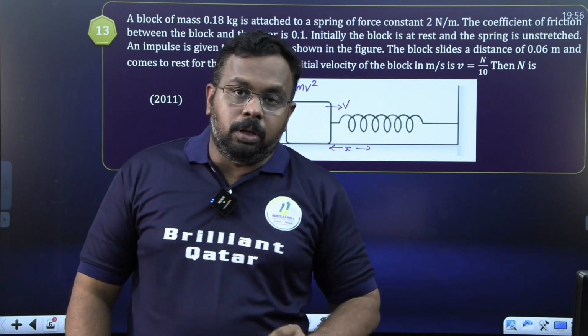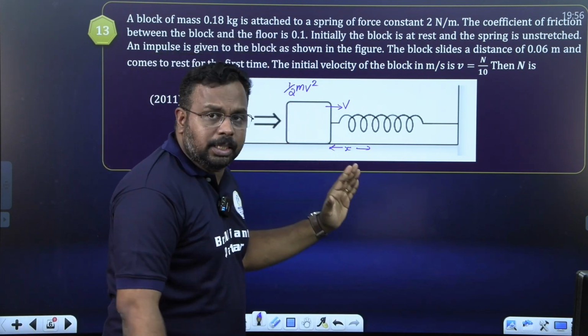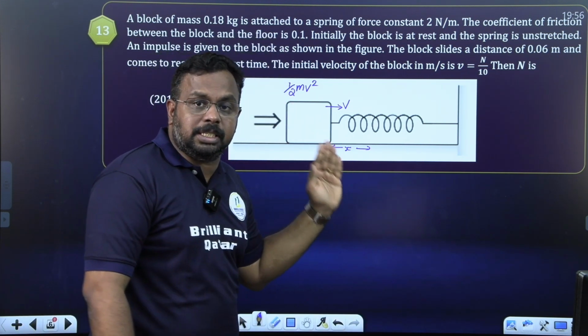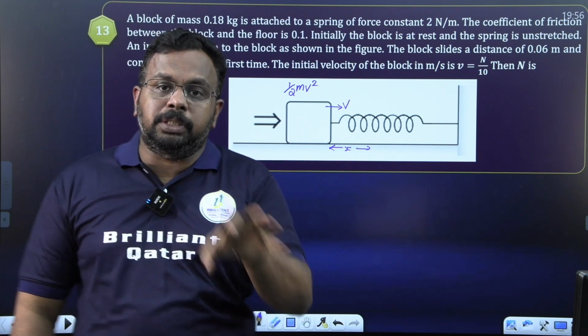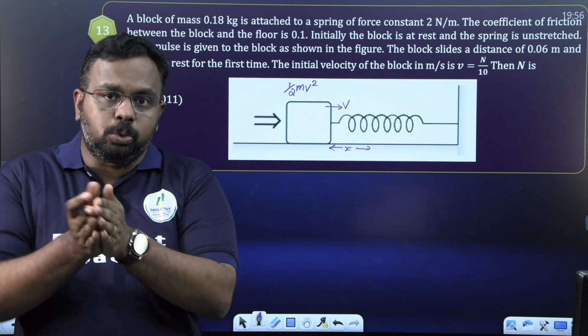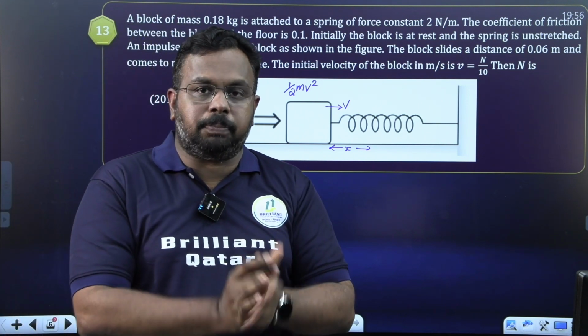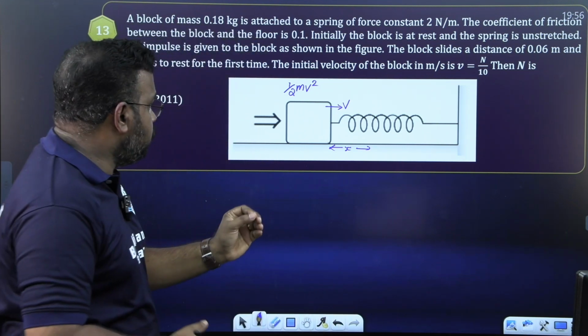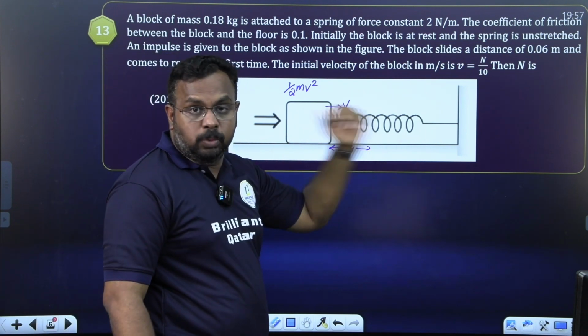Now what you have to understand here is it is not a smooth surface, it's a surface with friction. That means when the block is sliding, some of its energy will be used to overcome the friction. That means some work is to be done, then only the body will be moved.